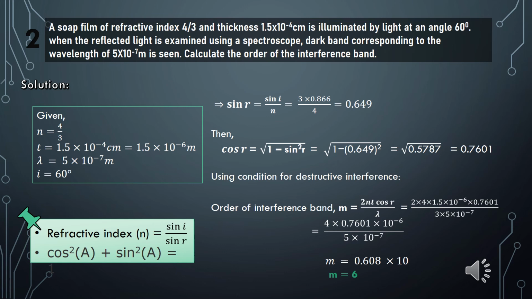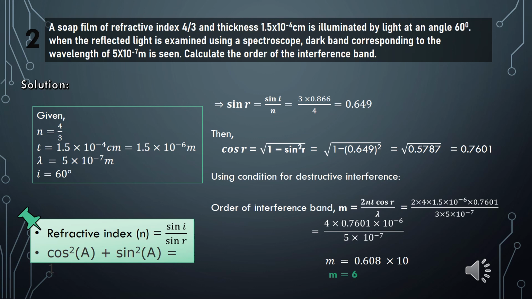Therefore, sin r is equal to sin i by n, which is equal to 3 by 4 into 0.866, which is equal to 0.649. r is equal to sin inverse of 0.649, or cos r is equal to square root of 1 minus sin square r, which is equal to square root of 1 minus 0.649 the whole square, which is equal to 0.7601.